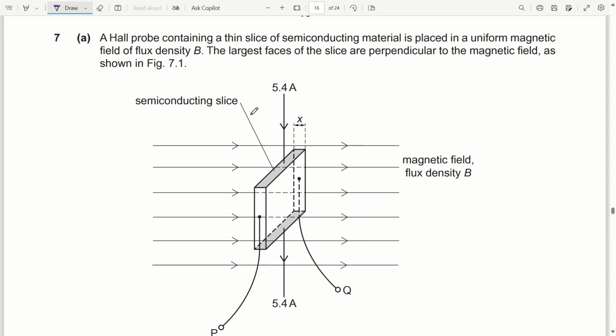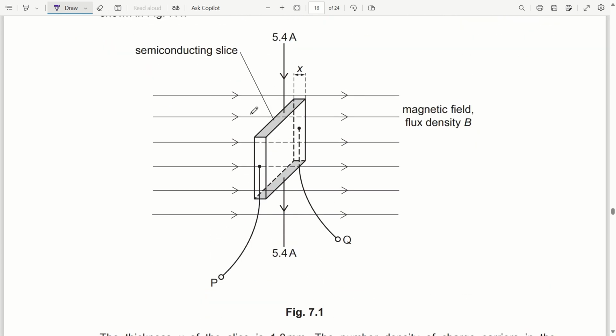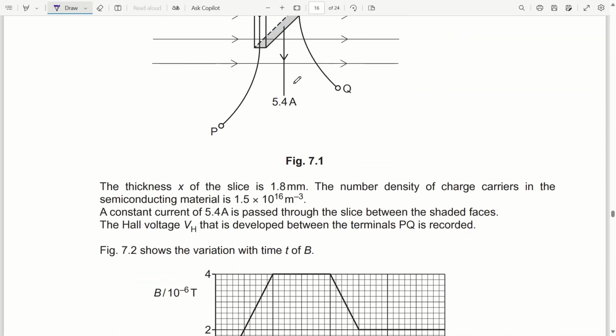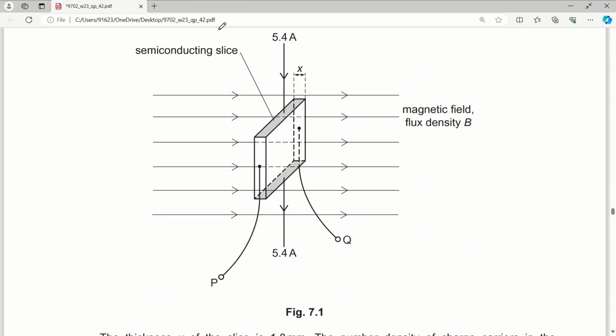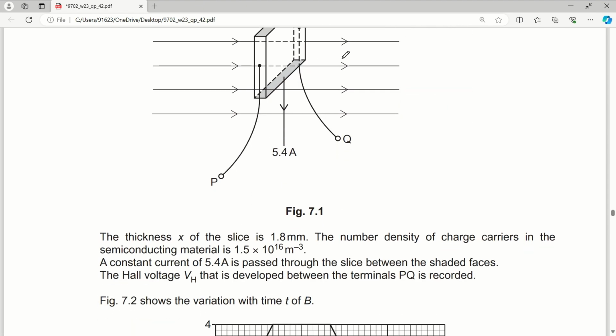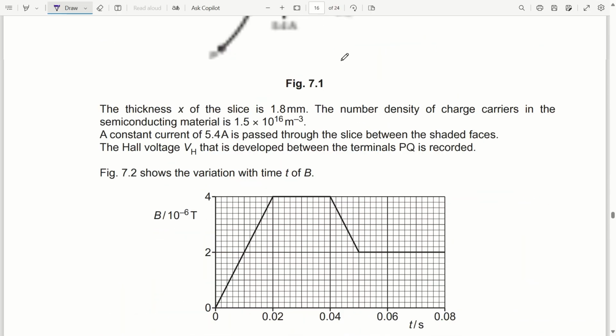Okay. So the value of current is given, 5.4, and thickness of slab is 1.8 mm, that is x is given. This is equal to I, and x is given, 1.8 mm.